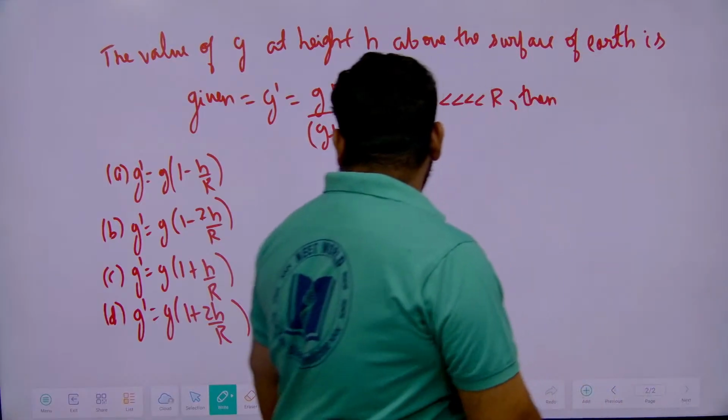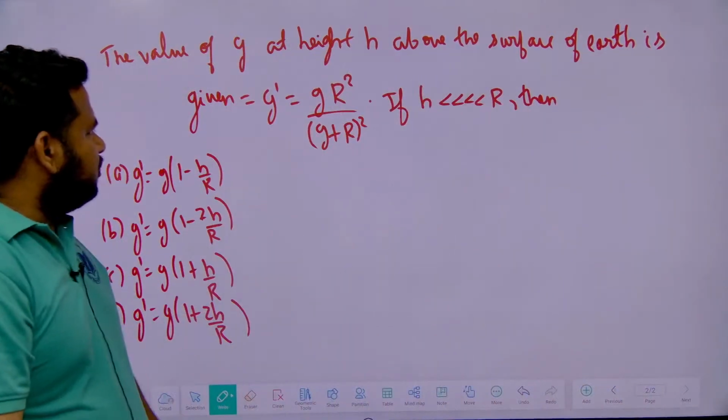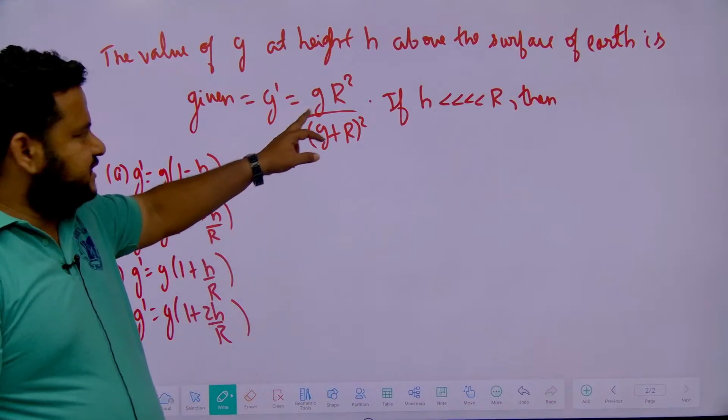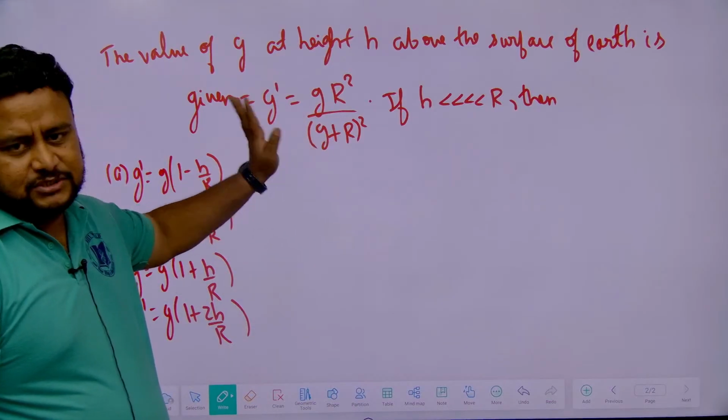Look at this formula. They have told g dash is equal to g into r square by (h plus r) whole square. Now observe carefully.